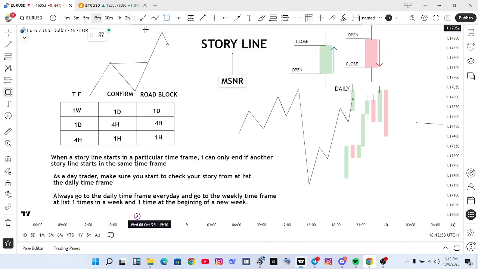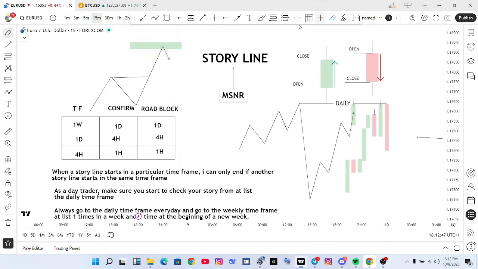So if price is probably reacting to a supply here, I'll now be looking for confirmation to sell down to maybe the breaker block or any of the demand here to start buying, right? That is already a story. So the same thing for MSnR.